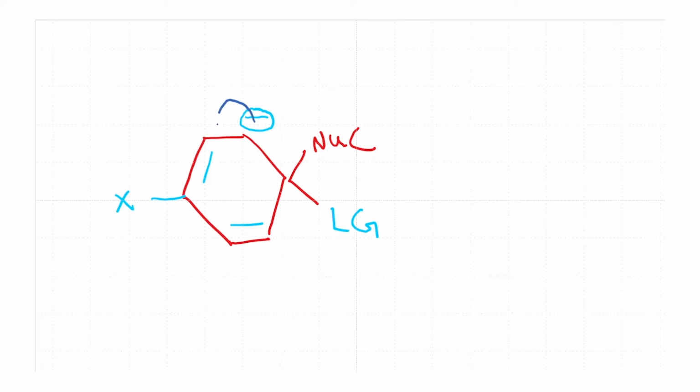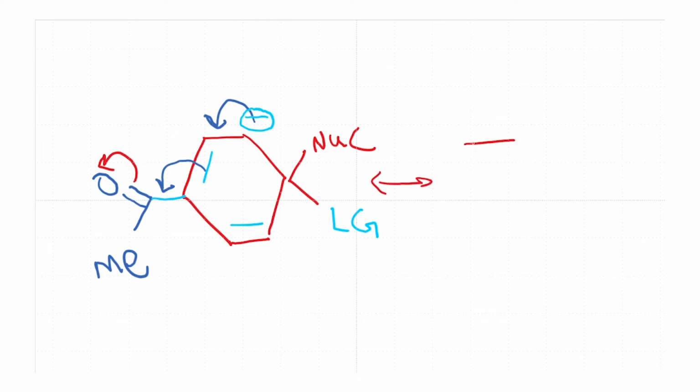Now it delocalizes in such a way that it can go here. Let me take the example of the ketone just to understand this. So you have C=O Me, then you can push electrons into the O-.